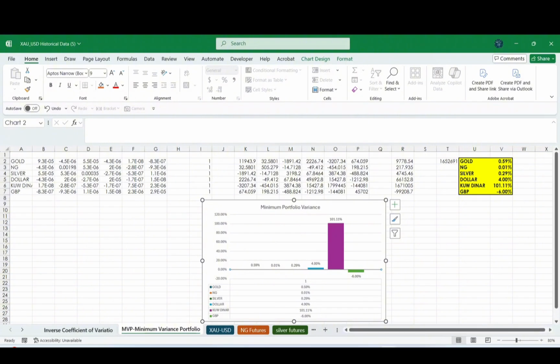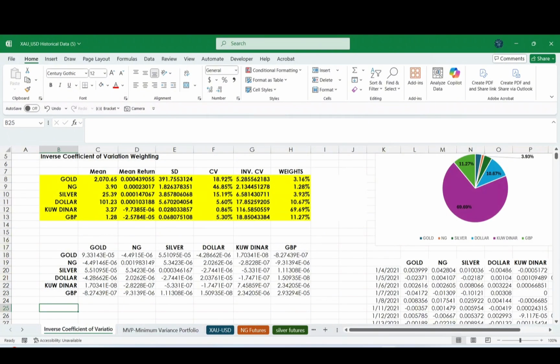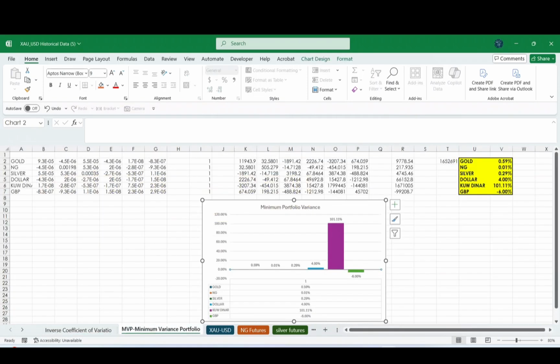So we can see that there is quite a difference between the inverse coefficient of variation weighting and the minimum variance portfolio, because the minimum variance portfolio is trying to minimize the variance, or the deviation from the mean, or the volatility.